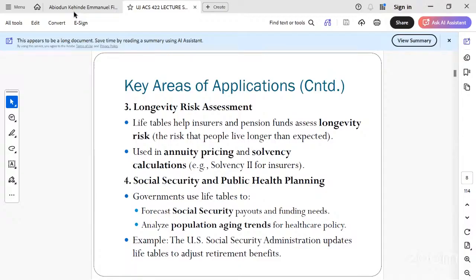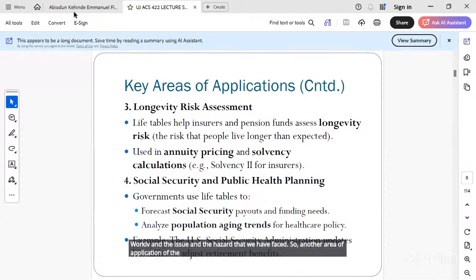So I hope you understand the concept of the longevity assessment and the issue and the hazard that we have faced. So another area of application of the life table is in the area of social security and public health planning.